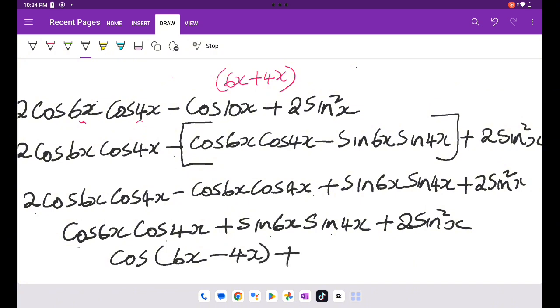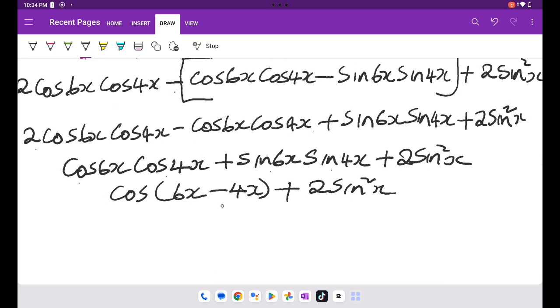So this is plus 2 sine squared x. Now 6x minus 4x is of course 2x plus 2 sine squared x. Now 2x, we said we can write it in three ways. We can write it as cos squared x minus sine squared x, or we can write it as 1 minus 2 sine squared x, or we can write it as 2 cos squared x minus 1.